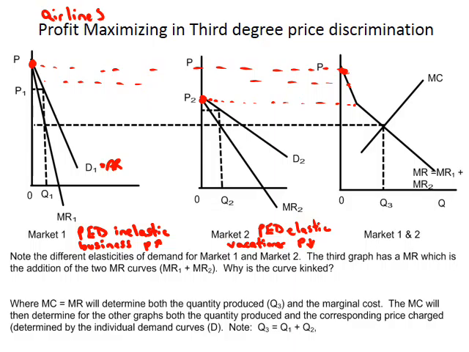Now we've got a combination of the two graphs being added together. So this is why there's a kink, and it comes out and starts to flatten out because it's a combination of the inelastic market 1 and the elastic market 2. So hopefully you're all right with marginal revenue being the marginal revenue of the first market added to the marginal revenue of the second. So this is for now the firm.